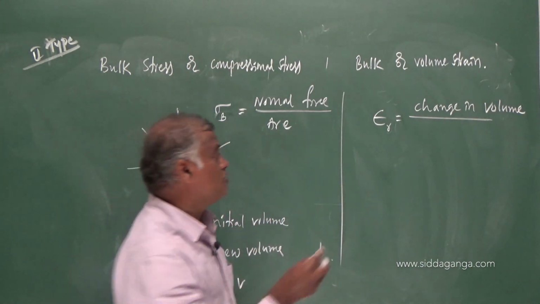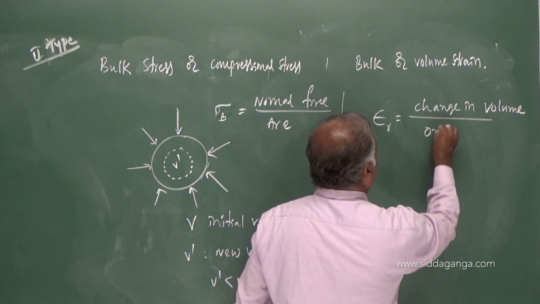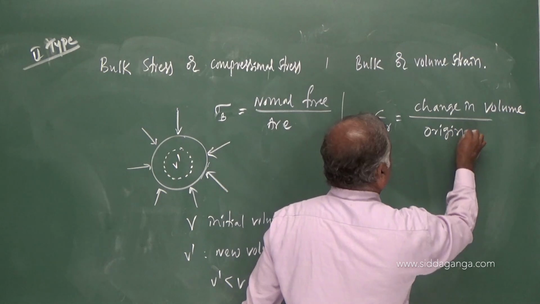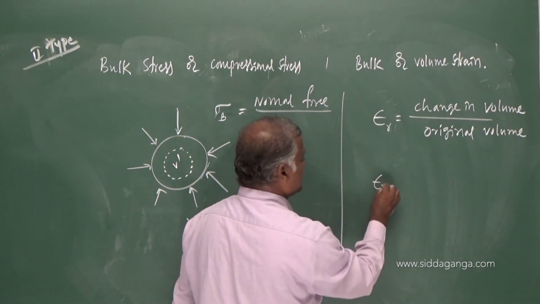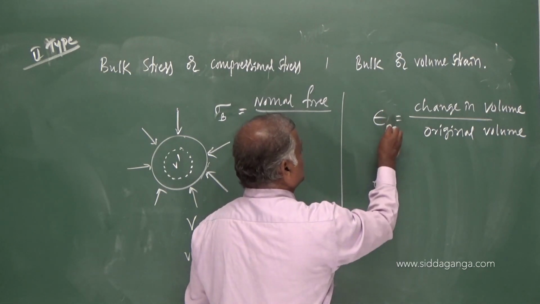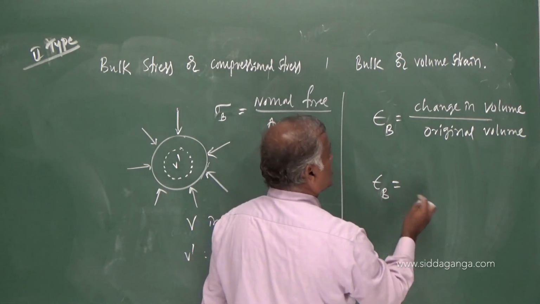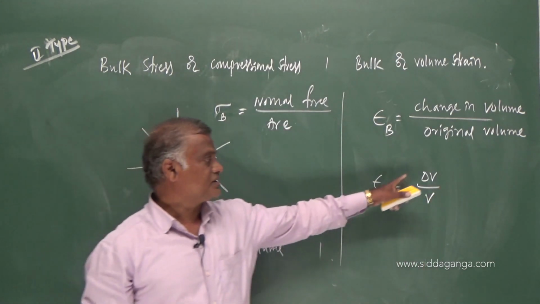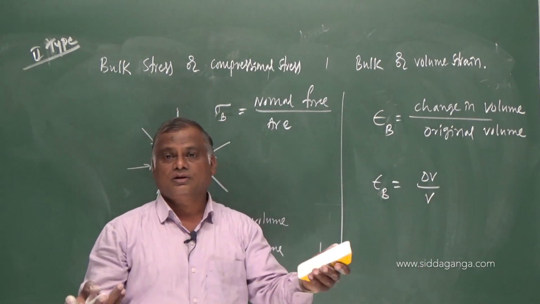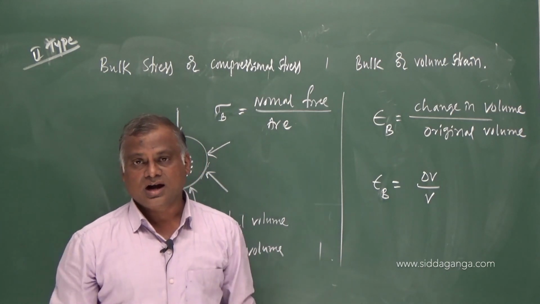Fractional change in volume to the original volume. So that is epsilon B is equal to delta V divided by V. As the ratio of same physical quantity, my dear student, it is also unitless.